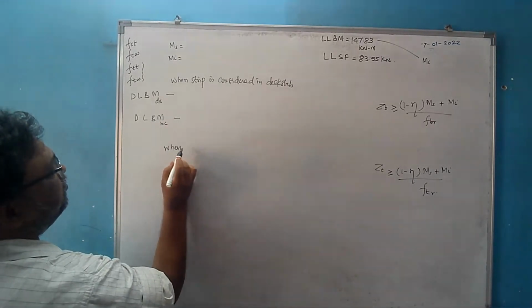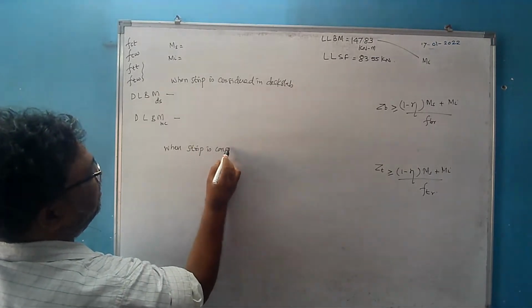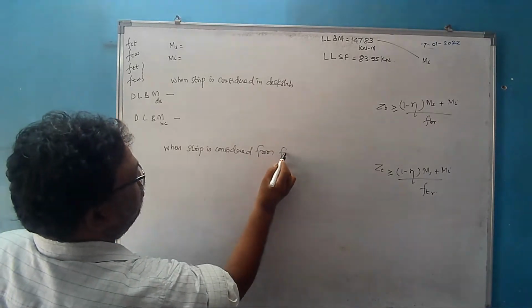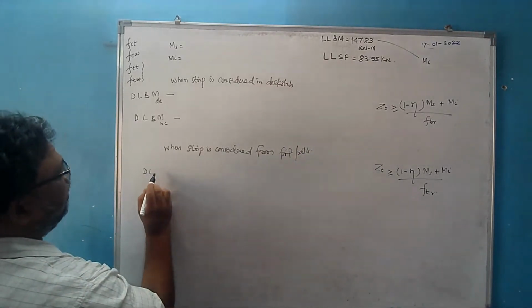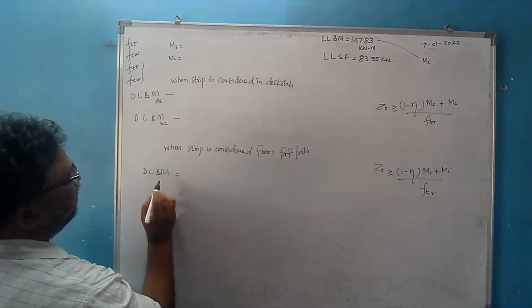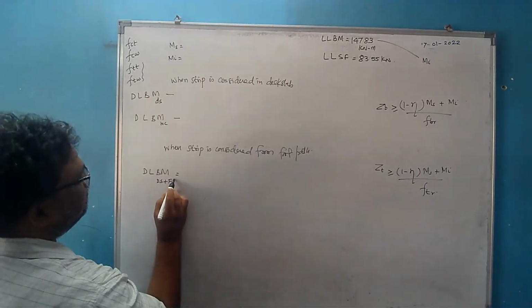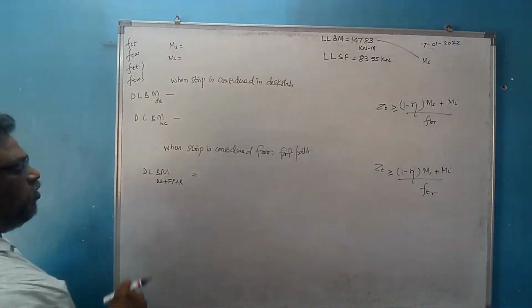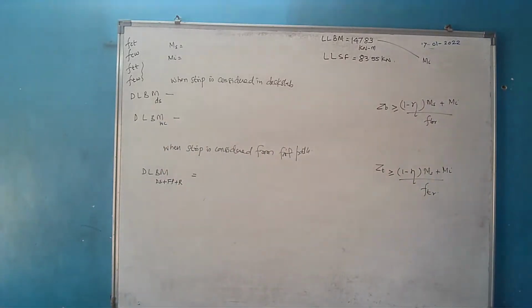When the strip is considered from footpath, then what is the dead load bending moment? ये क्या था? बिकॉज ऑफ डेक स्लैब प्लस बिकॉज ऑफ फुटपाथ plus because of the railing, the total bending moment was there. So please give me these answers. Dead load bending moment.